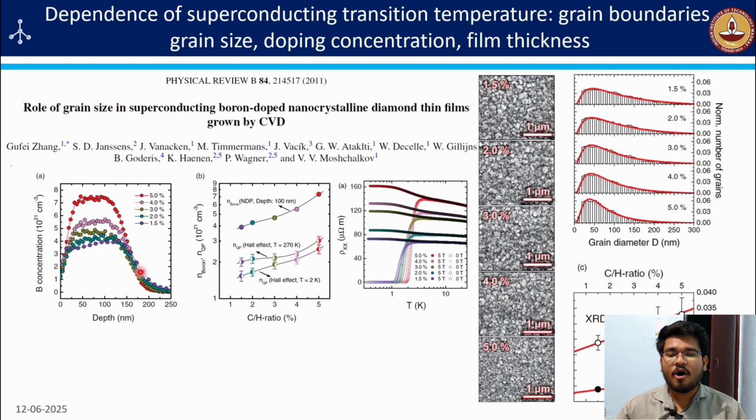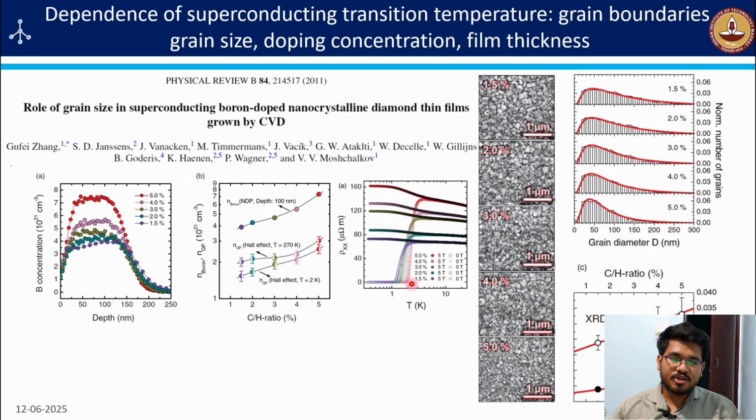And also from the Hall effect measurement, the quasi-particle density that contributes to the transport mechanism, your Hall carrier density, also increases with high methane concentration, thereby resulting in a high Tc. That means the more the granularity, or the smaller the size of the grains, your transition temperature increases.